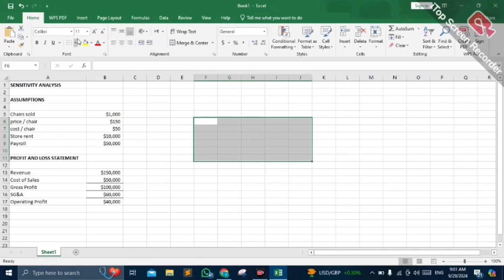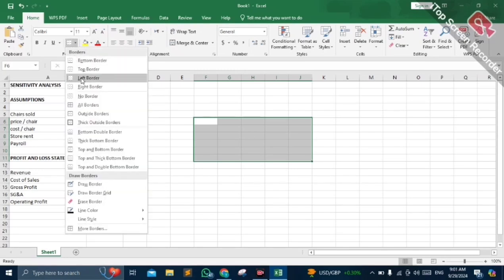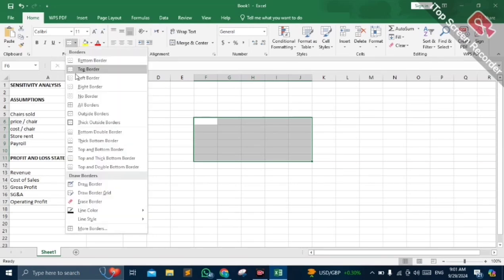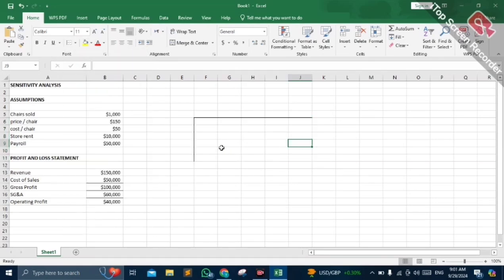I'm going to add a border to this, a top border and a left border. Now I'm going to add the prices in this column and the chairs in this column. We're going to see if there's any difference if we increase the price of our chair or if we decrease it.